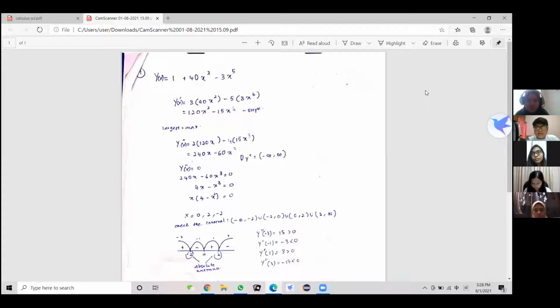First, when we want to find the slope, we have to remember that we need the first derivative. That's the first derivative, right? We want to find the slope.